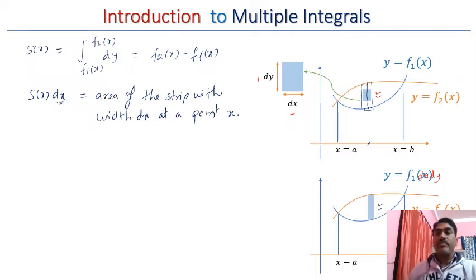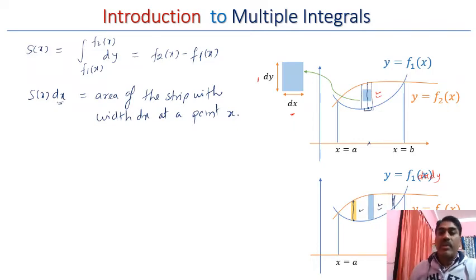But the beauty of this method is that if you take any x, suppose I have marked another strip in yellow color. If you take this strip, the length, meaning the distance between two curves, will be this one. So S(x) will be that marked in the yellow strip, and if you take any other point, it will be this one.